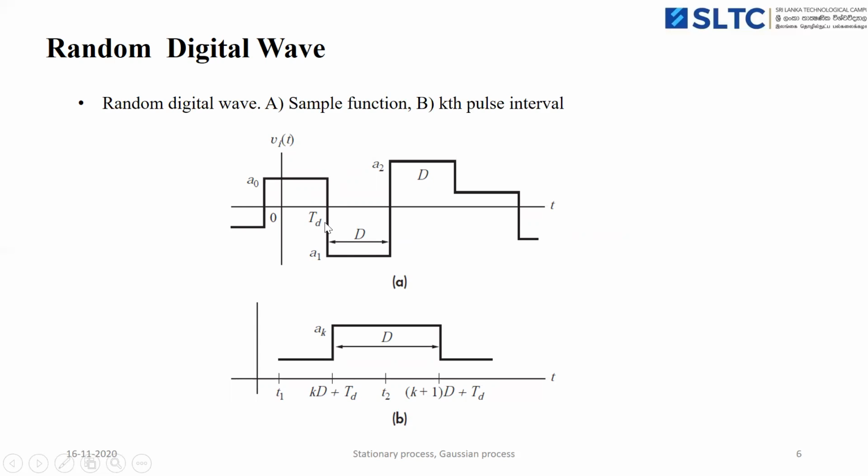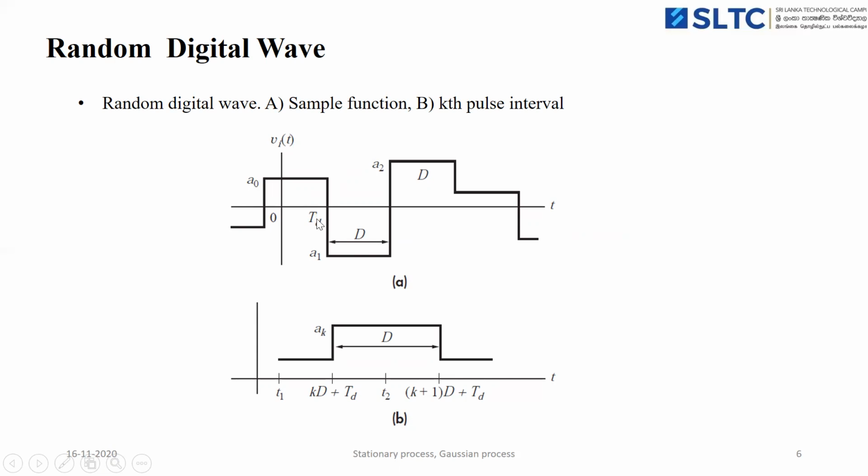But the randomness in this digital wave lies in two parameters. One is the delay. The delay TD is random in nature, every time the delay is varying, and another parameter, the amplitude of the pulses, is also random in nature.